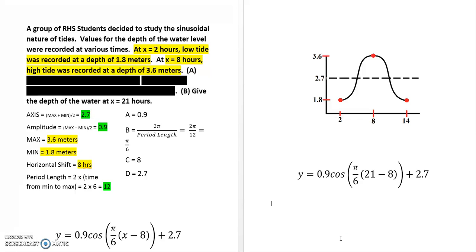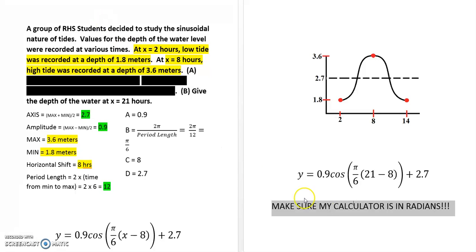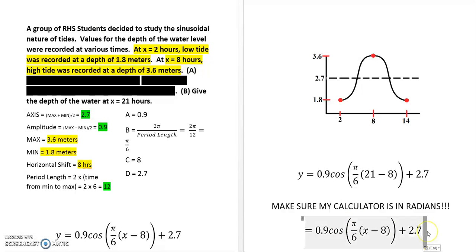I want to make sure my calculator is in radians. And then I'll get y equals approximately 3.97 meters.